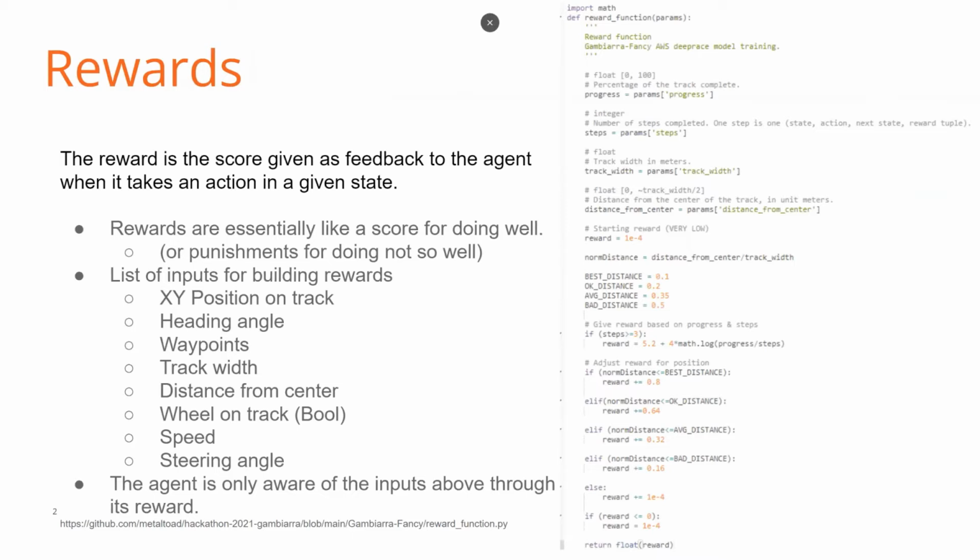Sweet. So I had mentioned rewards earlier. Instead of defining an expected output, there are two phases to training these models: exploration, and then exploitation.